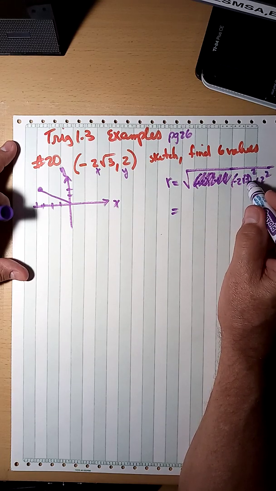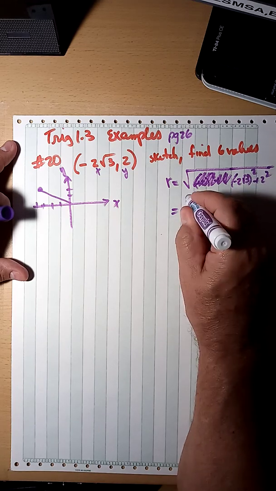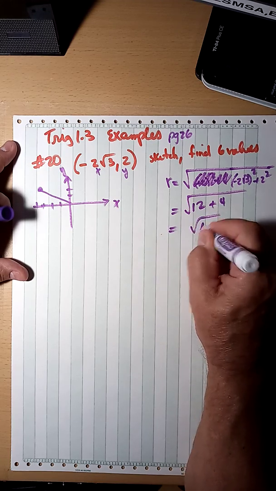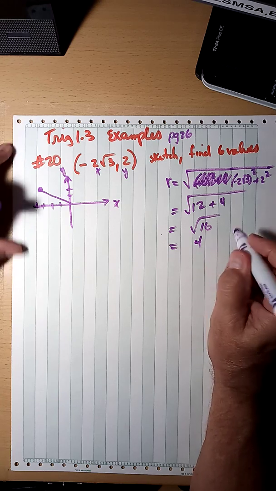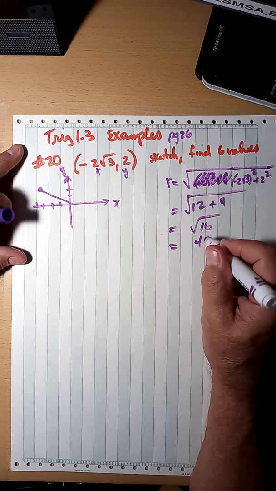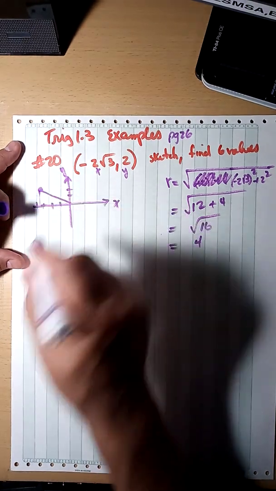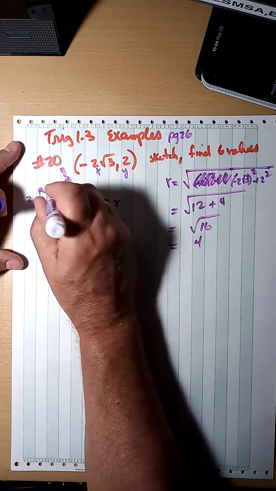Square the square root, it's 3. 3 times 4 is 12, plus 4, which is the square root of 16, which is 4. r is always positive, so you don't need to worry about the plus or minus in this case. Now these sides, this is a negative 2 square root of 3, and this is a positive 2, and this is 4.